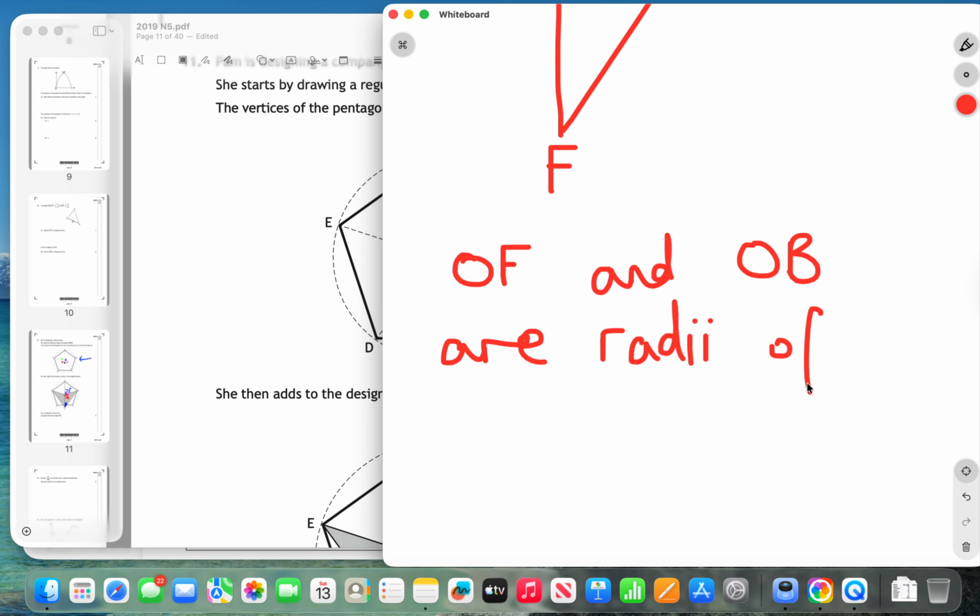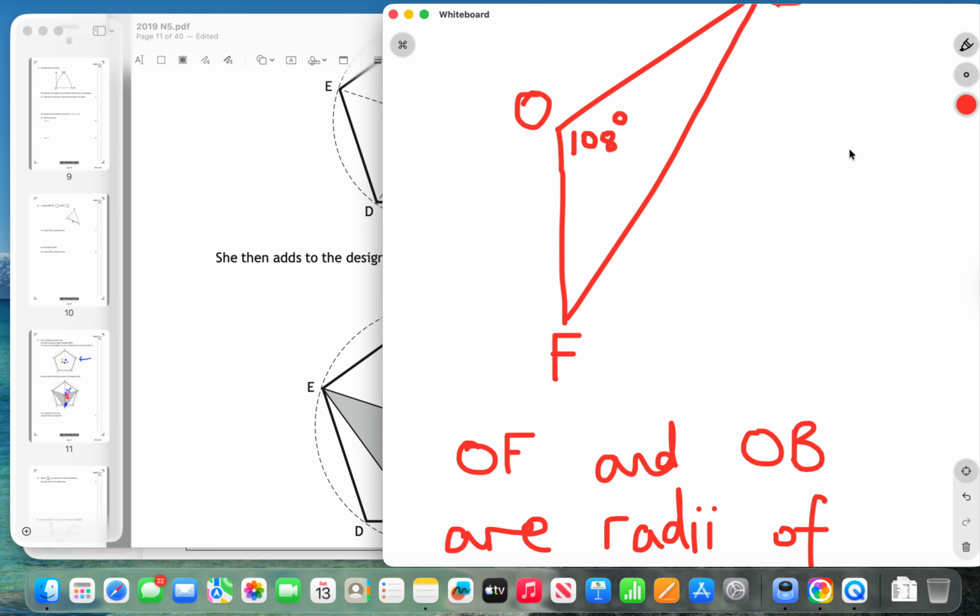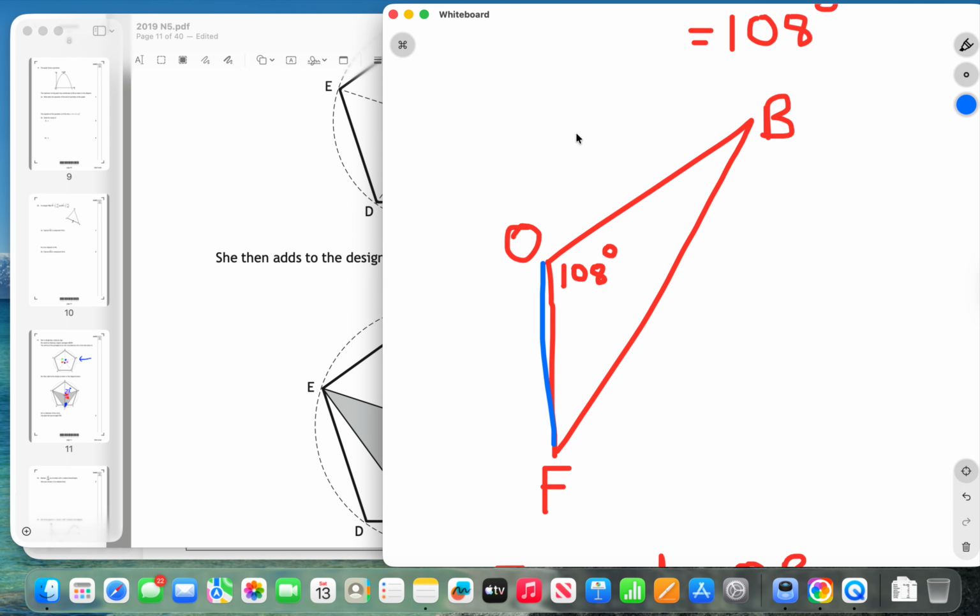Now that's important for one particular reason, because if they both represent the radius, then the angles opposite them must be the same. If we have this and this being the same length, then the angles opposite these two sides must equal each other. So this must equal this.